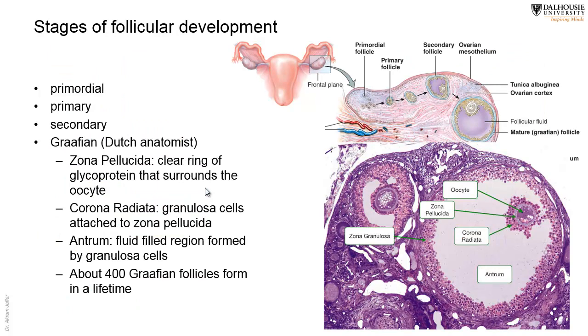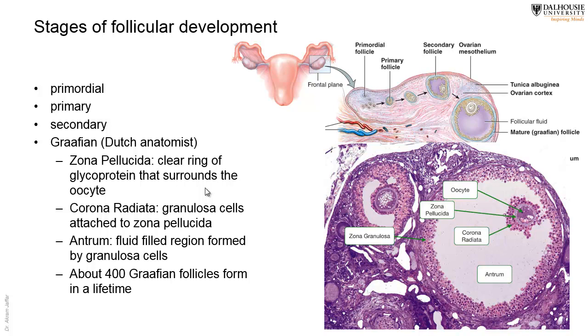So we have primordial follicles that have primary oocytes, and then we have a primary follicle. A primary follicle will be surrounded by some cells which are called follicular cells. So it is not only the oocyte, but there will be a covering of cells and another structure called the zona pellucida. I will talk about it in a moment.